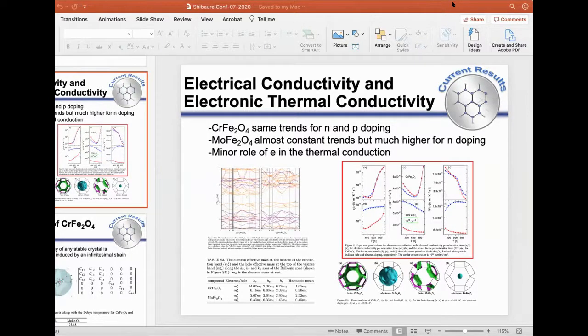That means the carrier mobility is low. You can get a high Seebeck coefficient easily if you decrease the carrier concentration. But the compromise between S and sigma is more severe than in other materials in general, because of the low carrier mobility.